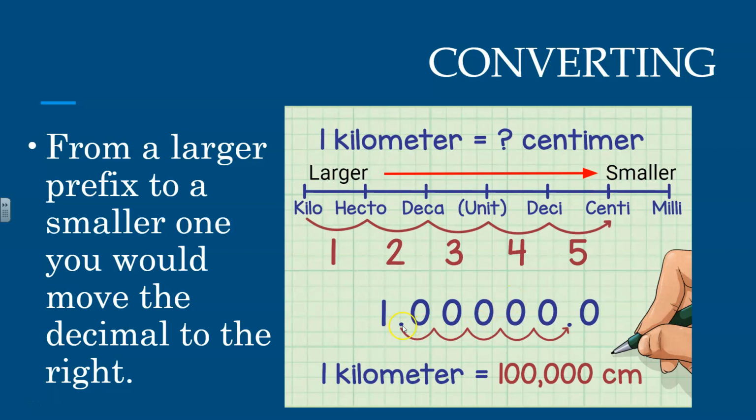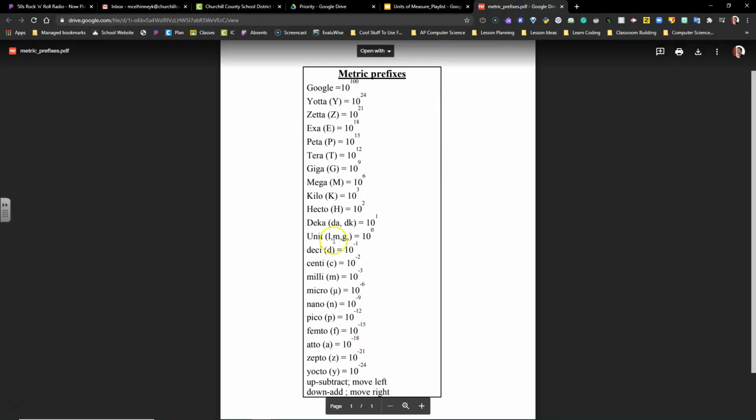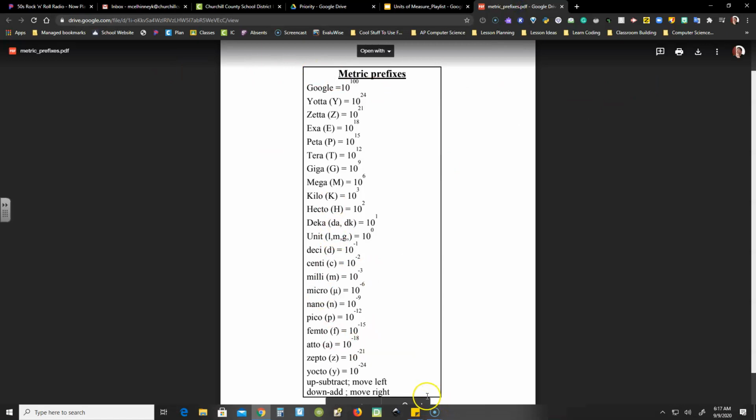And so I move the decimal place 1, 2, 3, 4, 5. And so that leaves me 100,000, right? Because it's 3 zeros, comma, 2 zeros, 1, right? It gives me 100,000 centimeters per kilometer. So you just move the decimal place simply to the right. If we go back and look at our prefix chart, we can see it here as well. Let's zoom in.